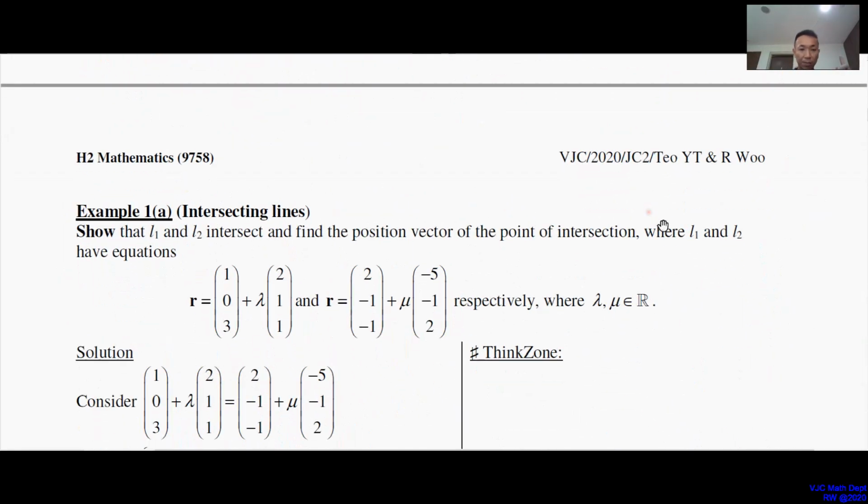Let's give a quick example. Example 1a. Show that L1 and L2 intersect and find the position vector of the point of intersection, where L1 and L2 have these two equations. I think it's easier if we have numbers, then we can actually see how it works.